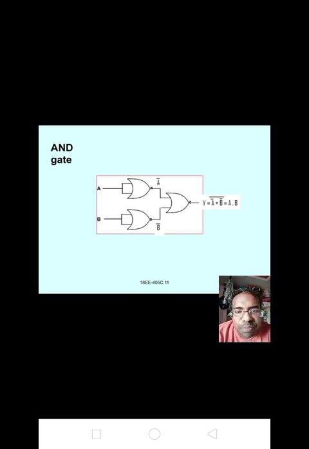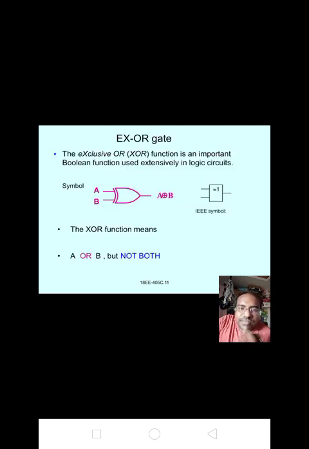For the second NOR gate, we are giving B, we get the output B bar. These two outputs are given to the third NOR gate, we get (A bar plus B bar) whole bar equal to A bar into B bar bar, that equals A into B. That is the output of AND gate. By using these 3 diagrams, we get the realization of basic gates using NOR gates.